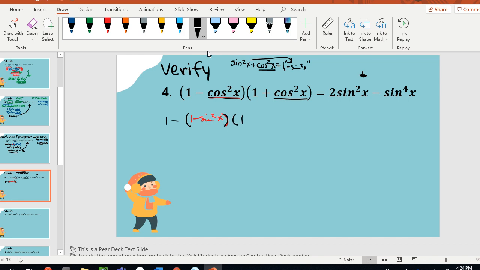And then 1 plus, and I'm going to change out, put in with red again, what was cosine squared is 1 minus sine squared theta. Okay, now 1 minus this means I have to distribute this. So this becomes minus, minus, plus. I have nothing to distribute here.